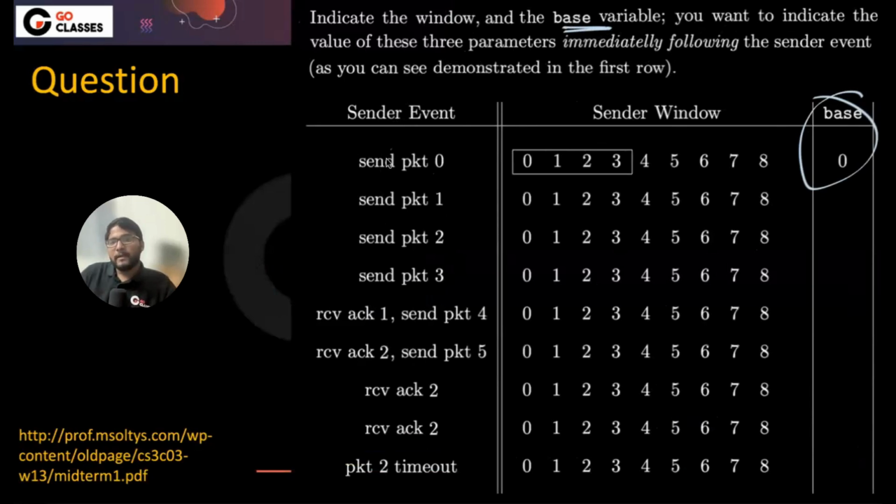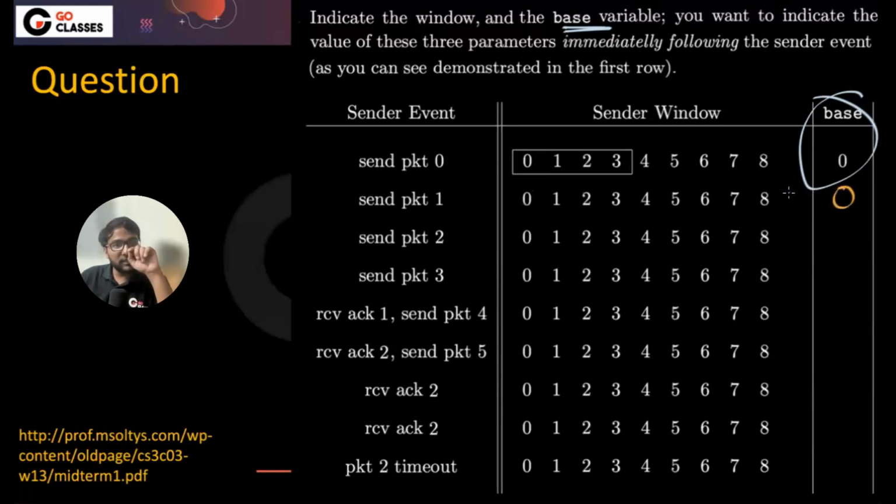Let's suppose if you send packet 0, then this is the window and the base is 0. If you send packet 1, can you tell me the base of the window? Yes, it is still 0, right?